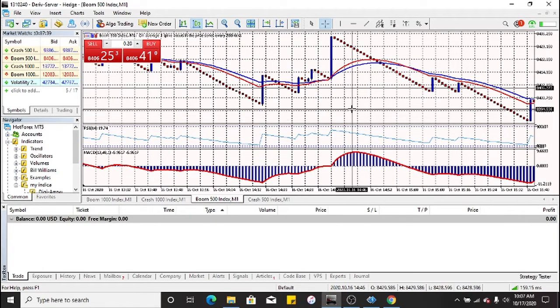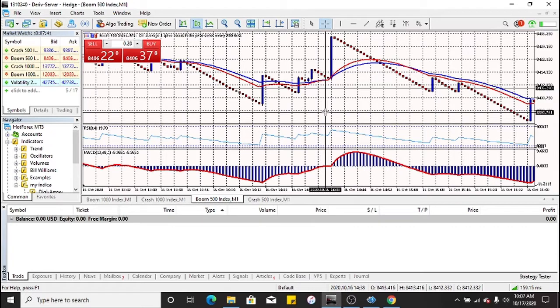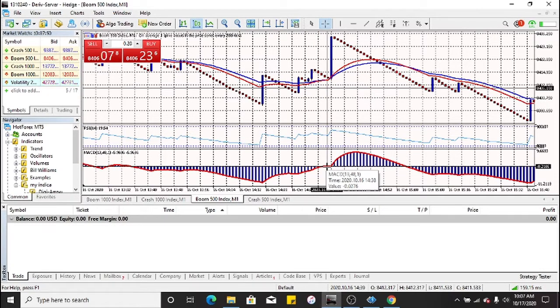See here, when it was about to turn, you can see clearly that the red line was right on the line and about to turn. So you enter a trade, you make a buy here, waiting for a spike.